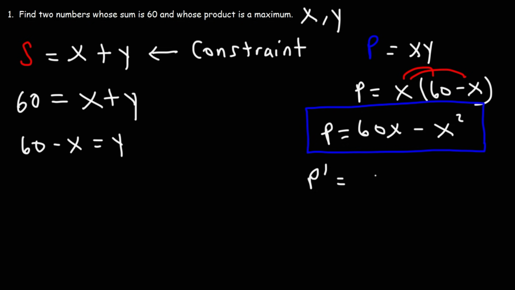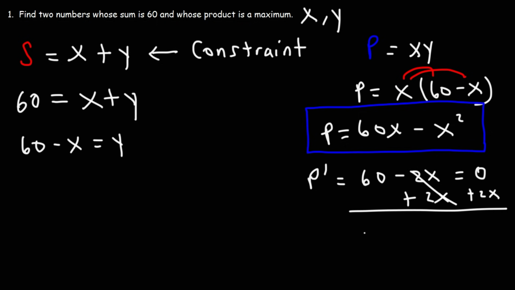So p prime is going to be 60 minus 2x. And let's set that equal to 0. So adding 2x to both sides, we get 60 is equal to 2x. And then dividing both sides by 2, we can see that x is 60 over 2, which is 30.